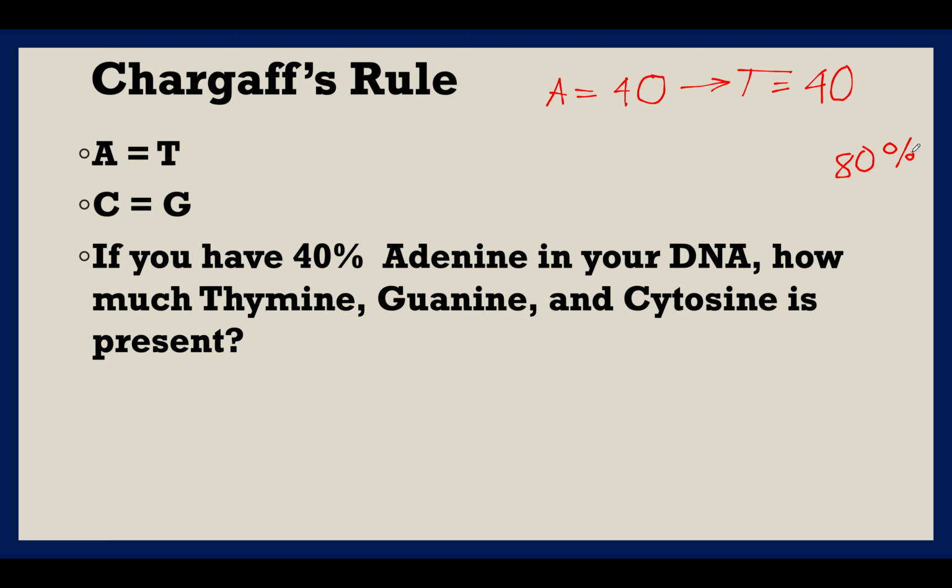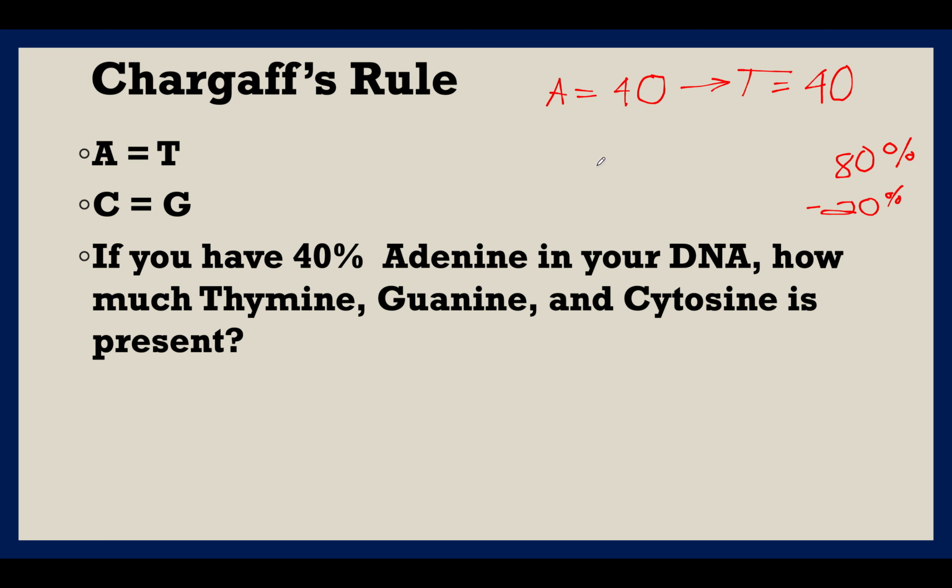So how much does that leave us with? That leaves us with a 20% difference, all right? 20%. This is what we're working with for C and G. Now, because C and G must be equal to each other, how can we split 20% to have equal numbers?